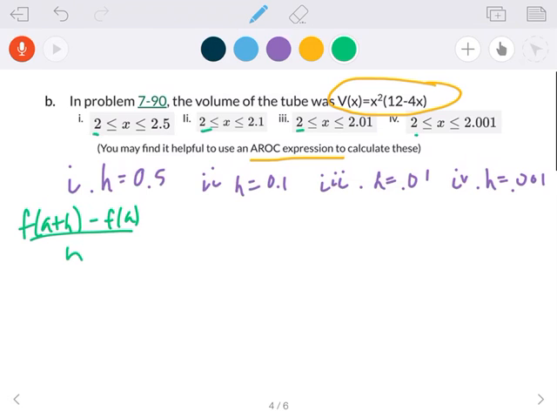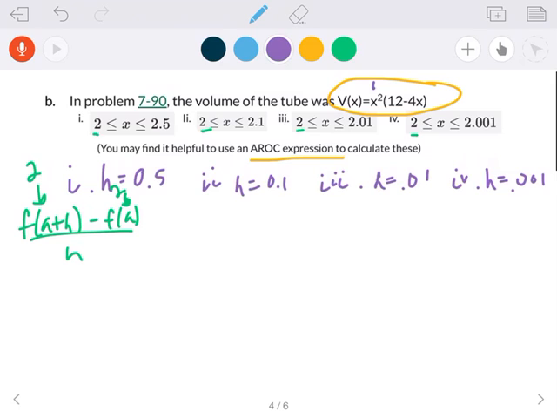And so 2 is our a value, and that's going to go in place of a here and here. And then we just need to plug 2 plus h into our original function. So f of 2 plus h is going to look like this.